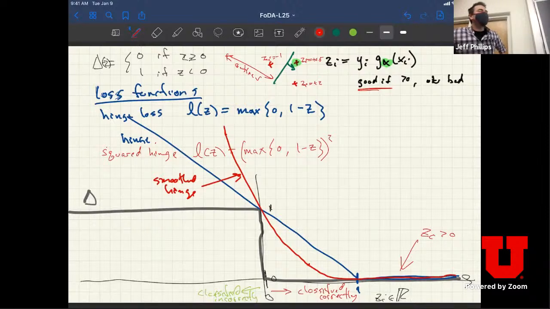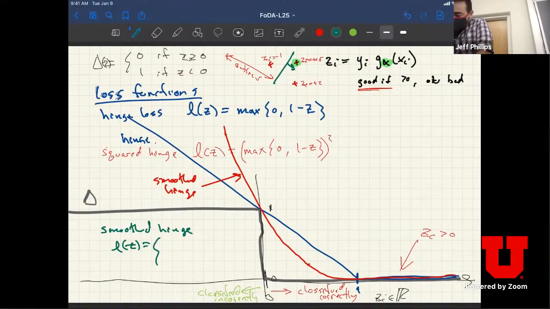Okay, so this is a squared hinge loss, but we mentioned this one is worse for outliers. So another version of this is often called the smoothed hinge. This is defined, L of z, with 3 case statements now. It's going to be 0 if z is greater than or equal to 1.